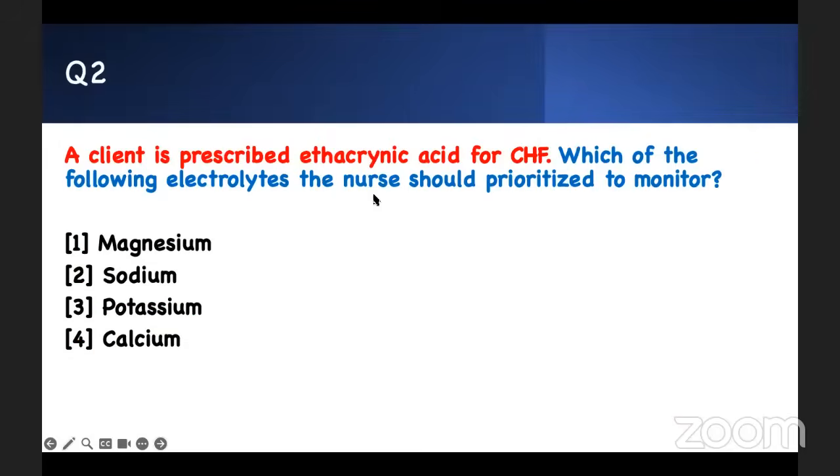Which of the following electrolytes should the nurse prioritize to monitor? The client is prescribed ethacrynic acid for CHF. Just two words: ethacrynic acid for CHF. And then what electrolyte will you prioritize? You bring your pharmacology and you add it to fluid and electrolyte.